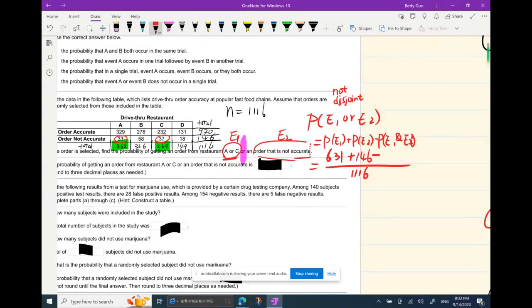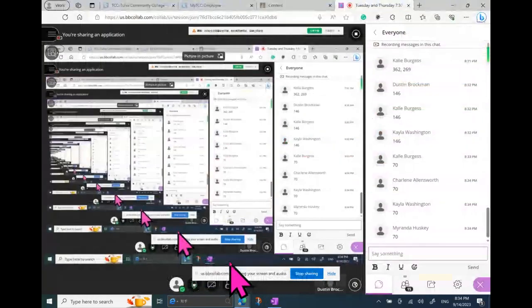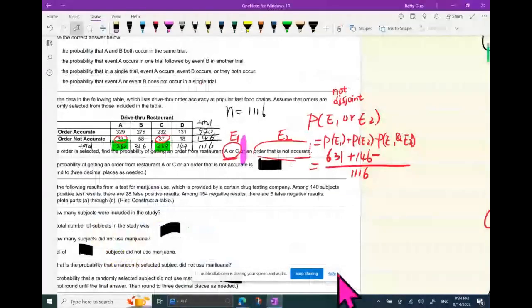So how many orders are from restaurant A or from restaurant C, and they are not accurate? Perfect. You guys are great. 70.